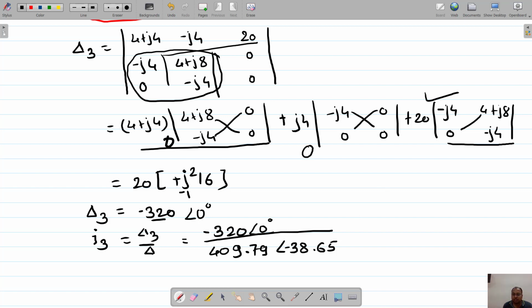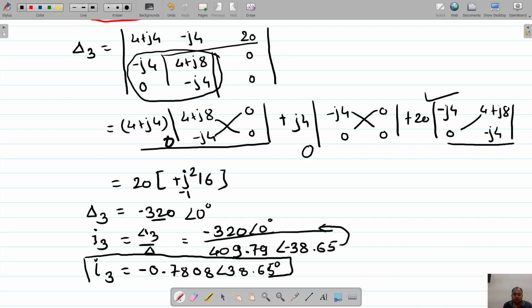So I3 is coming as minus 0.7808, and once the angle goes to the numerator side it is going to become plus, so 38.65 is the value of the angle. Are you getting it? So likewise you can apply mesh analysis to this kind of a little bit complex example, and you can find out the values of currents I1, I2 and I3. Okay, is it fine? Great.